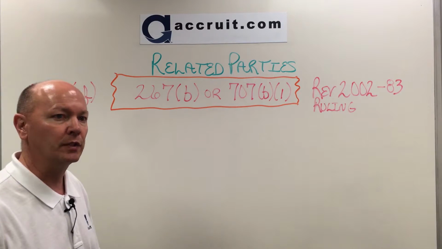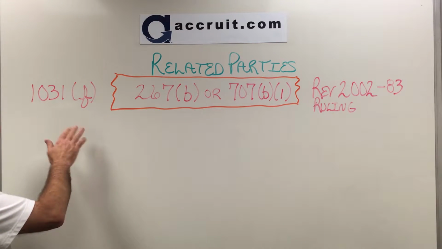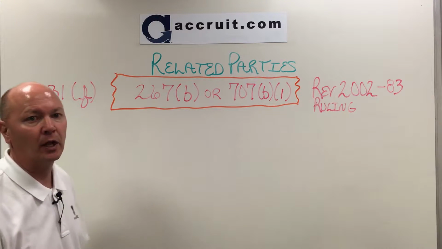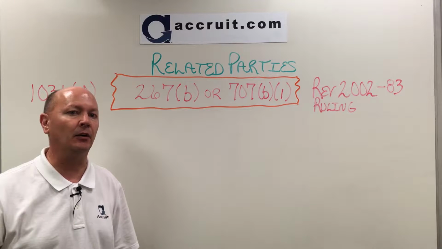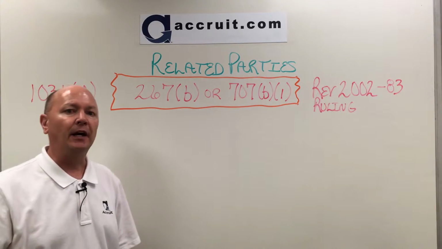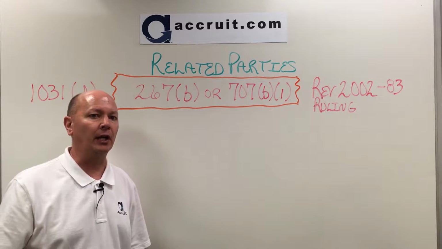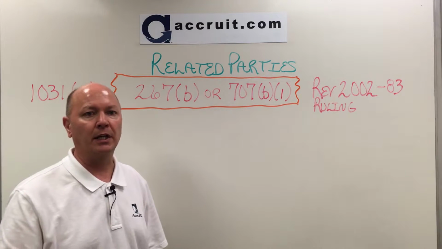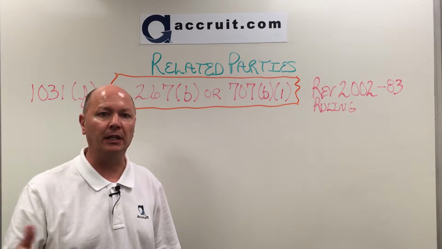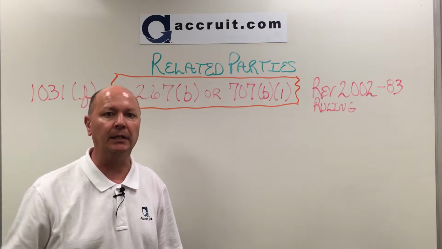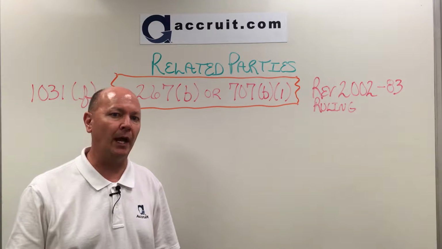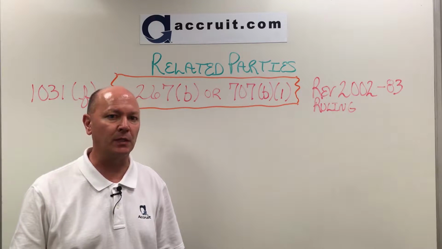So in order to tackle this, I wanted to give you the section of the tax code, which is 1031(f) of the code, where the IRS goes into detail discussing related party exchanges, defining who is a related party. For simplicity, we're talking family members like mom, dad, brother, sister, anybody bloodline related. Those would be related parties, or entities of which you have more than a 50% interest in.